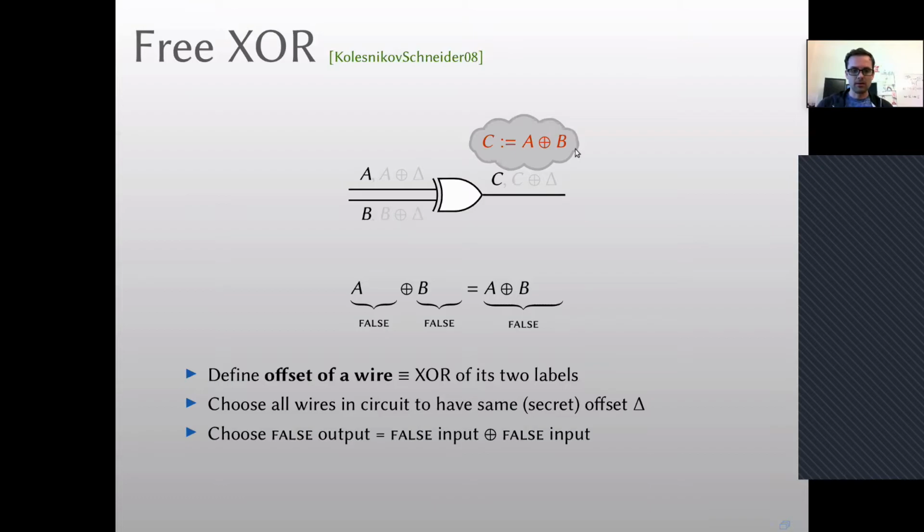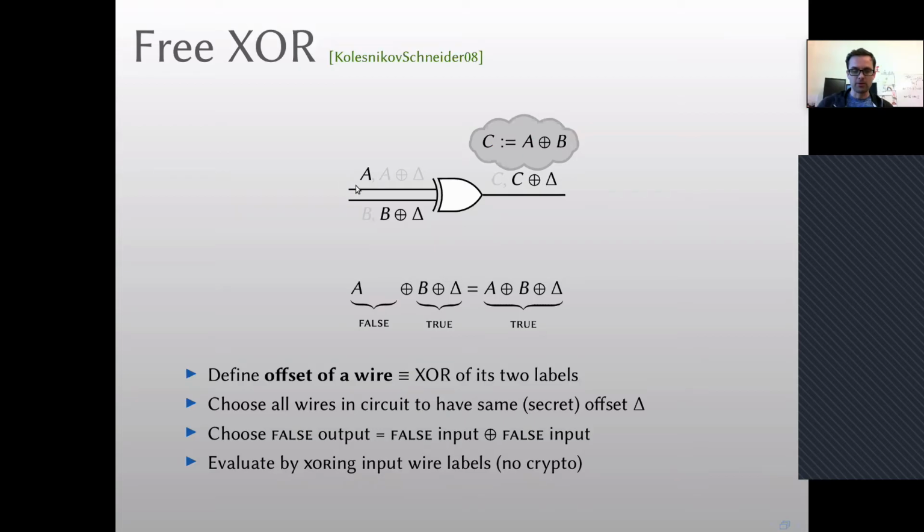You XOR them together, and you get something that encodes false on the output wire. If you have false and true, you XOR the labels together, you get the output label that encodes true. Same for true and false, and same for true and true, right? So the XOR delta cancels off here.